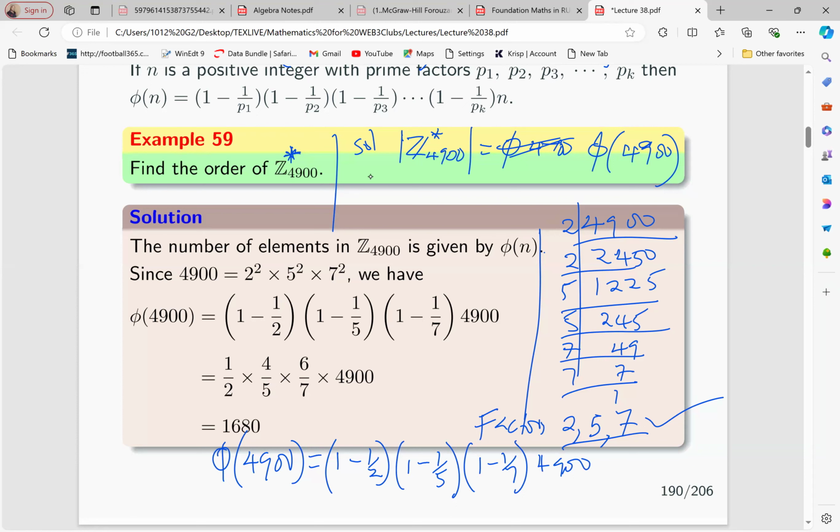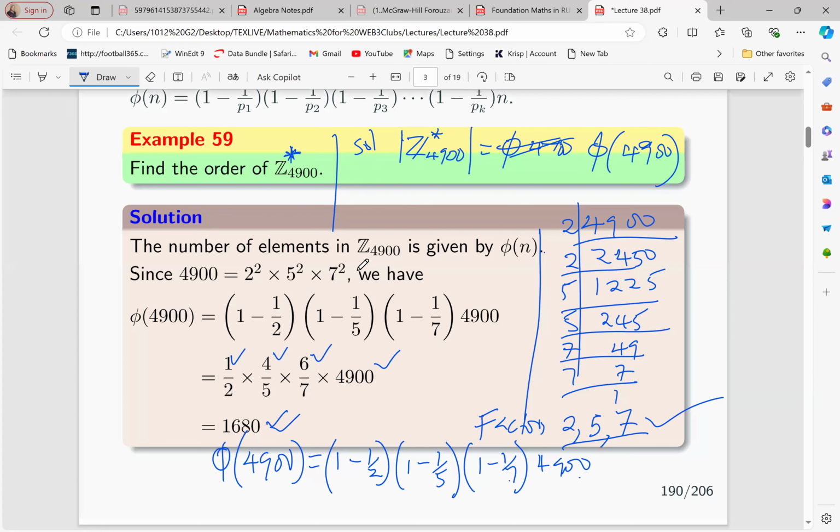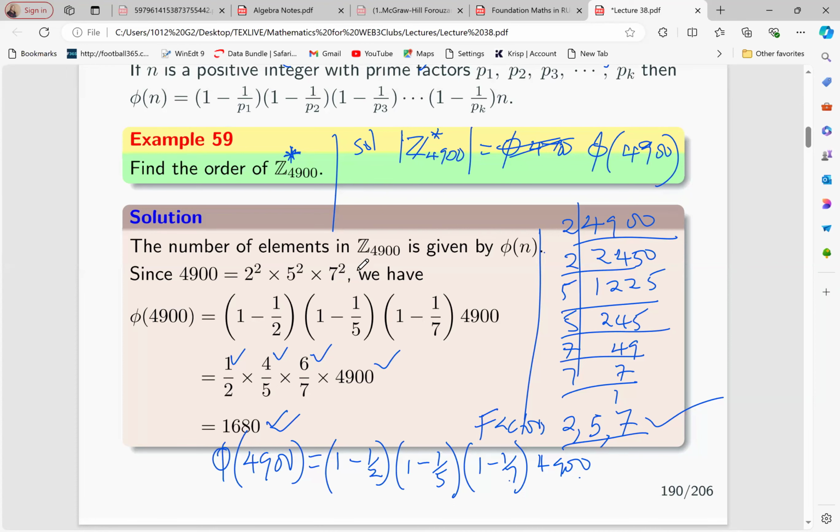The first bracket is a half, the second bracket is 4 out of 5, and the other bracket is 6 out of 7. Then multiply by 4900. When you do that, you get 1,680. So that becomes the order of that group.